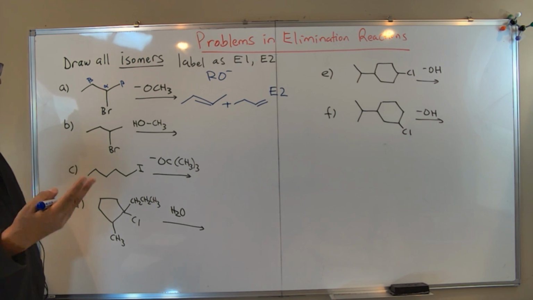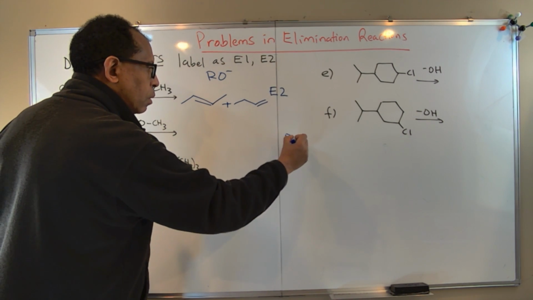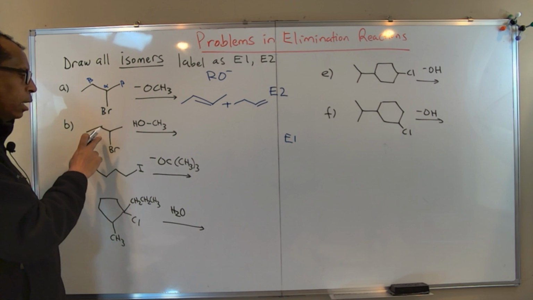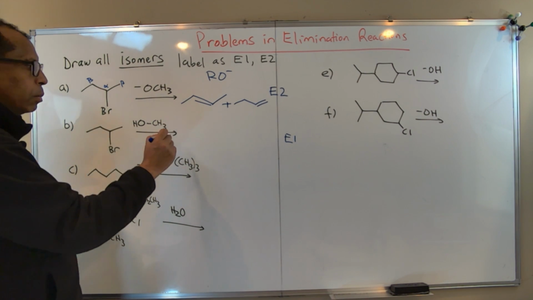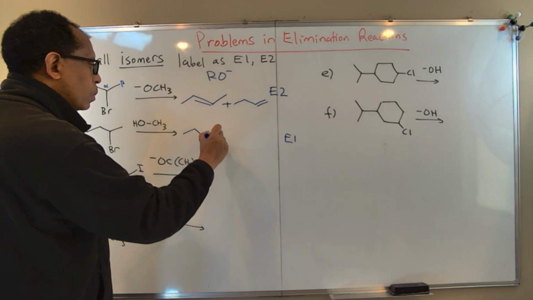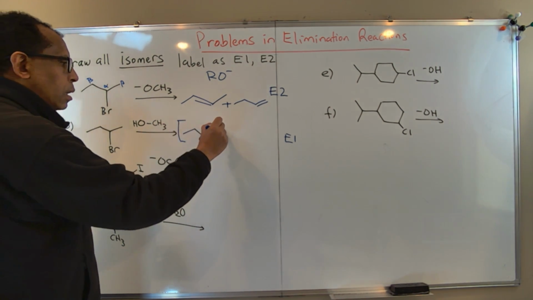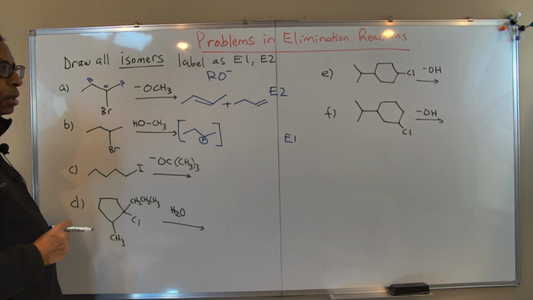So it would give you an E1 mechanism, going through this carbocation intermediate.